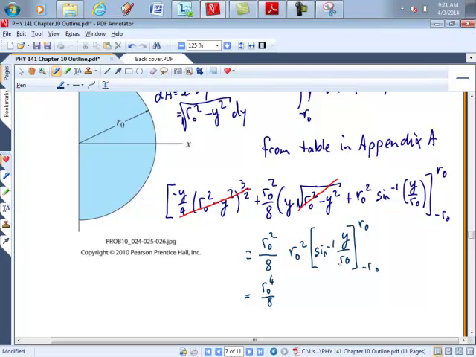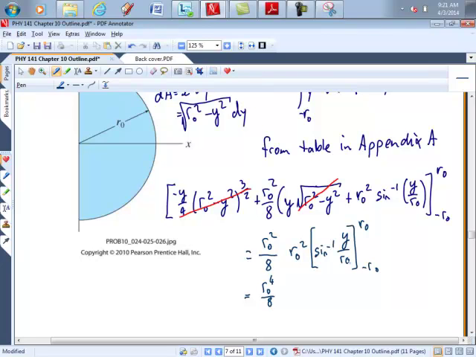And what's the inverse sine of, well, first one's going to be negative 1? What's the inverse sine of negative 1? Negative pi over 2? Yeah, 3 pi over 2 would work as well. And what's the inverse sine of positive 1?